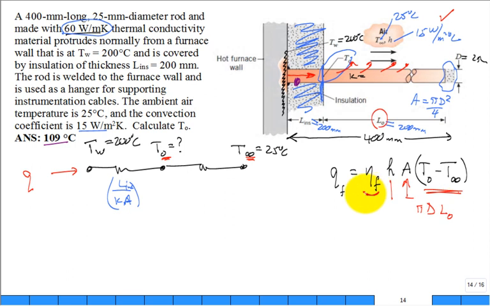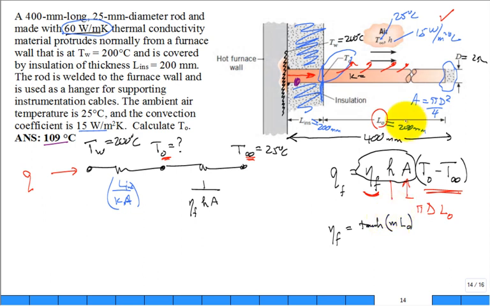What is this term? Fin efficiency, we know how to calculate that. So this whole equation looks like 1 over H A with the modification of the fin efficiency. See? It's like a modified convective resistance for the fin. So we do a little work and we say, okay, eta F is equal to the hyperbolic tangent of M L naught.